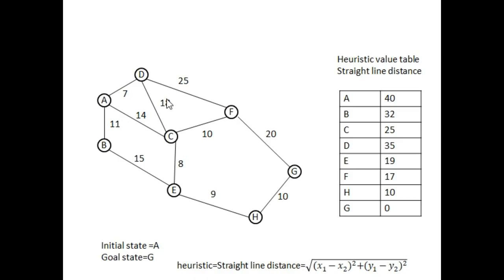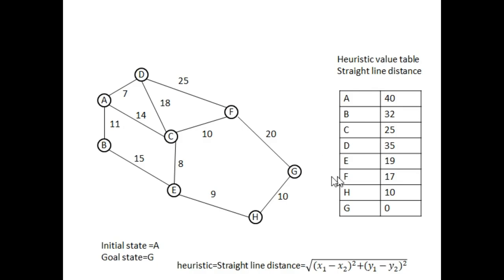These are the distances given here. Here are the heuristic values. The heuristic value for A is 40, B is 32, C is 25. In the same way, the heuristic value for H is 10.